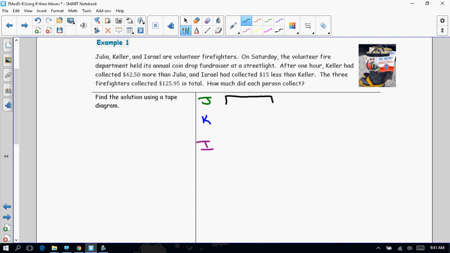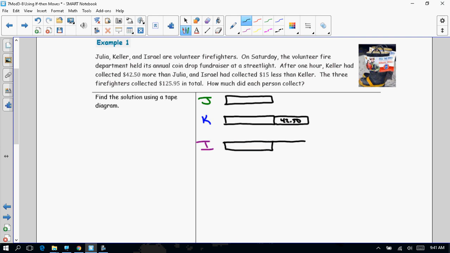We don't know how much she has, so I'm just going to make a mark for her. But I do know that Keller made the same as Julia plus $42.50 more. And then I know Israel made what Keller made minus $15.